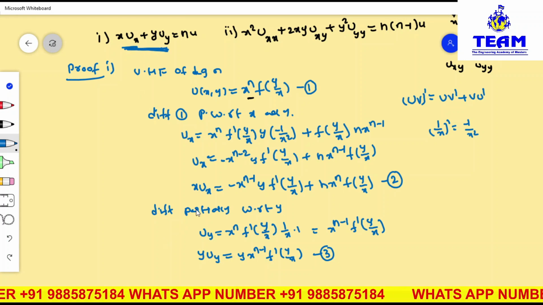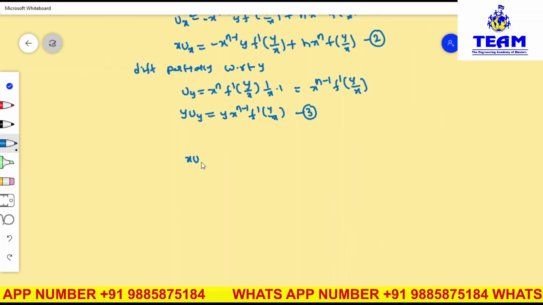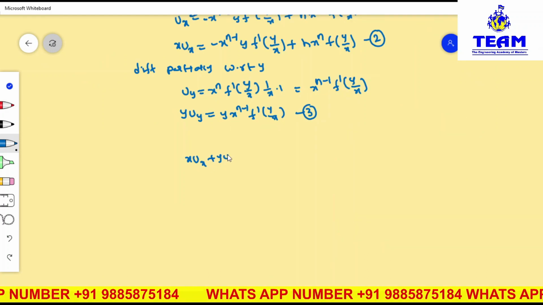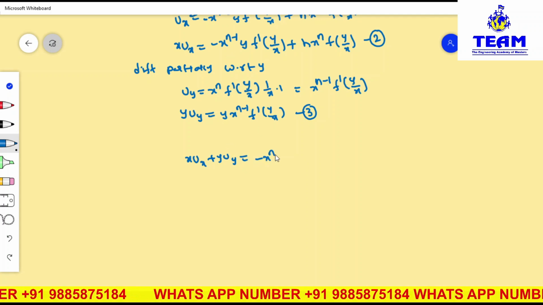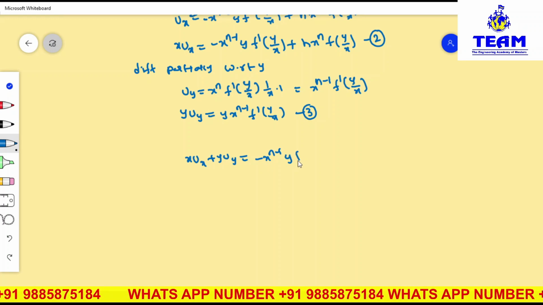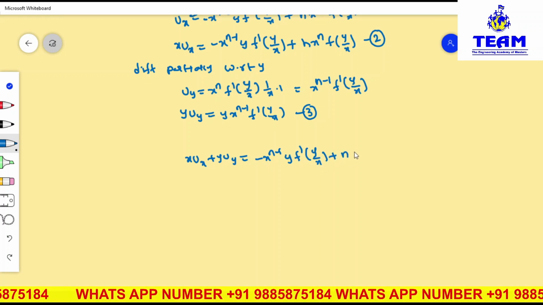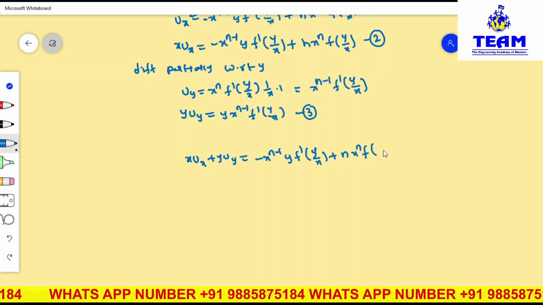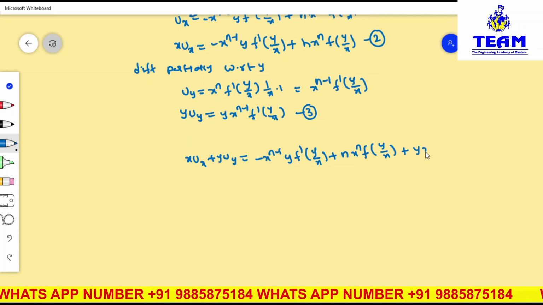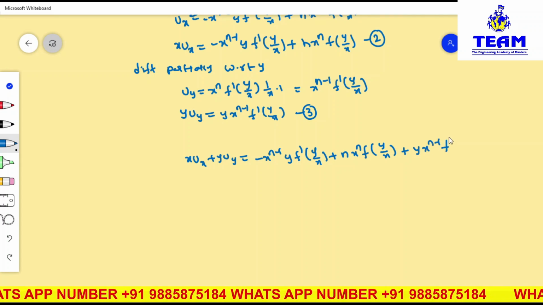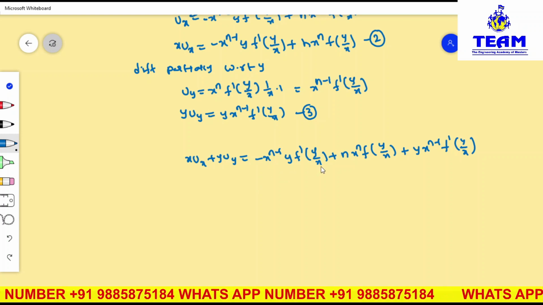Now if I add 2 and 3, then x into dou u by dou x plus y into dou u by dou y is equal to minus x to the power of n minus 1 into y into f dash of y by x plus n into x to the power of n into f of y by x plus y into x to the power of n minus 1 into f dash of y by x. Here you observe, are you getting anything cancelled?